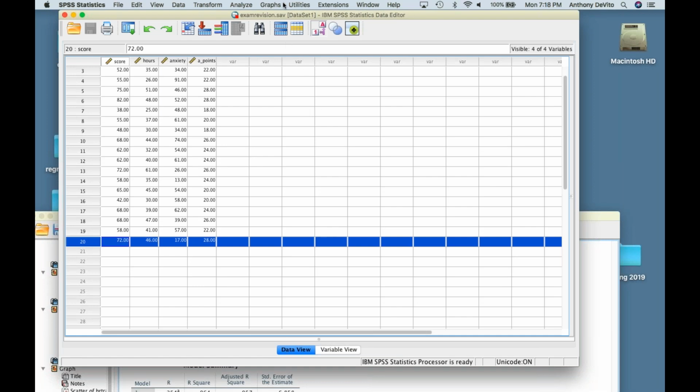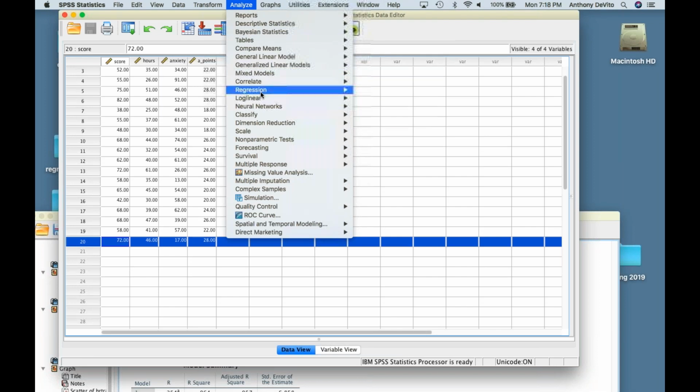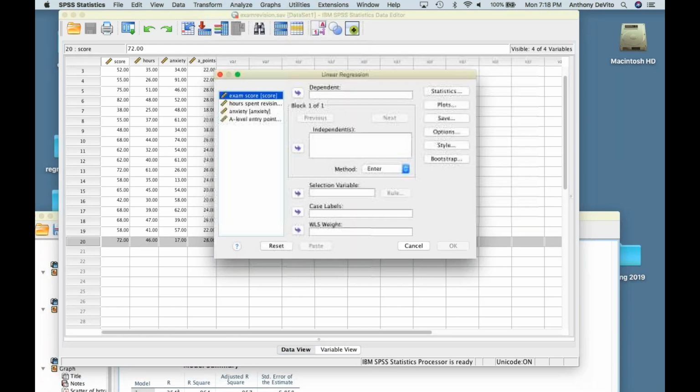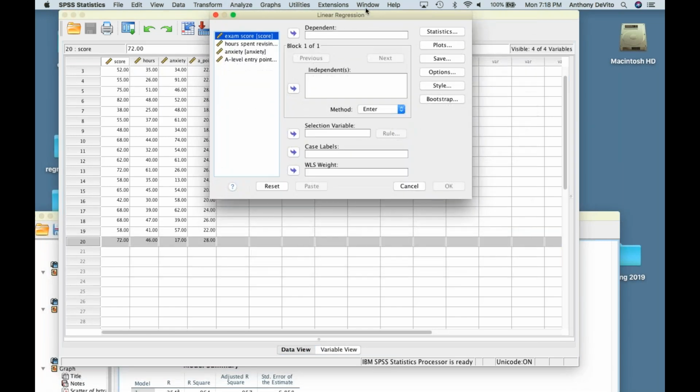Okay, so let's take a look at how we would do this. Analyze, Regression, Linear. It's still a linear regression. We're still working with a relationship that's linear in the end. So our dependent variable is going to be the exam score.